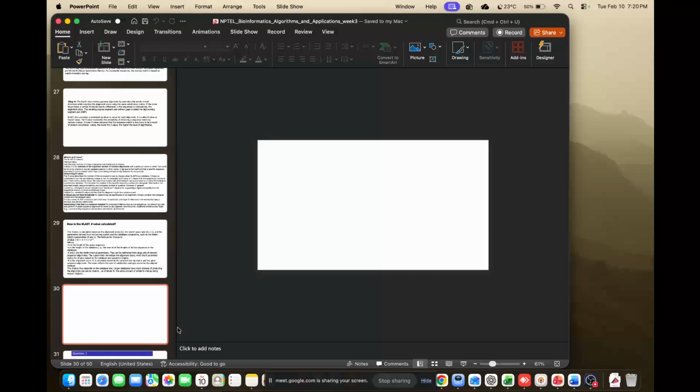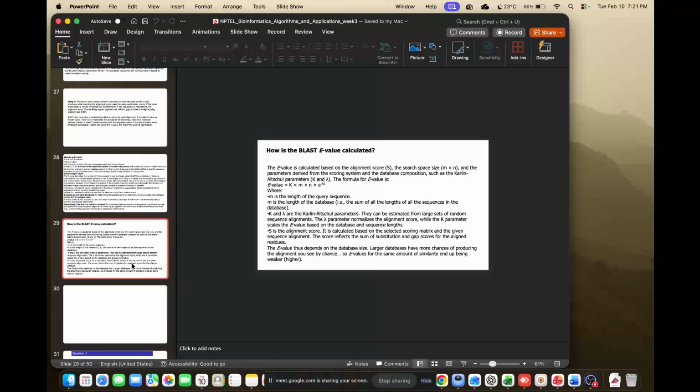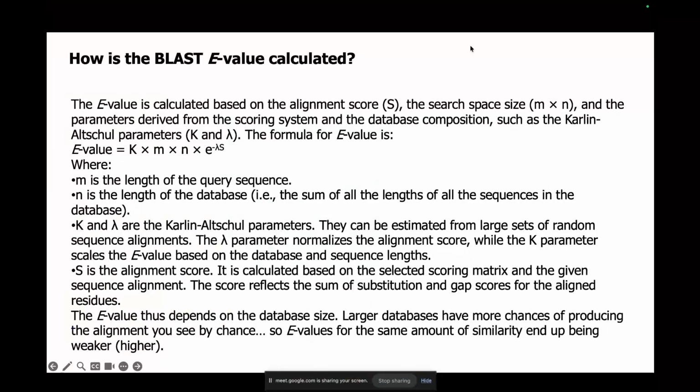Before that, if you have any questions... Back to the previous slide, there were some kind of parameters. What are they? Can you re-explain? So when you make a model, there will be parameters of the model. This is basically a model, right? E = kmn e to the power negative lambda s. These parameters are constants which are specific to the database itself.